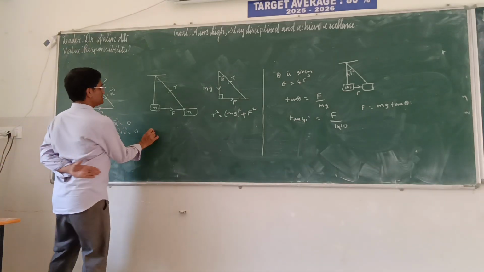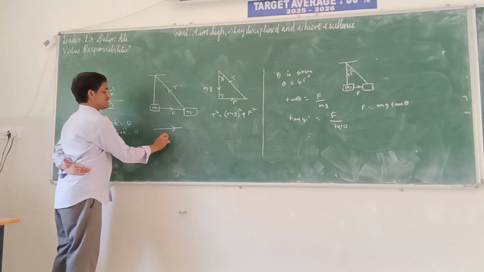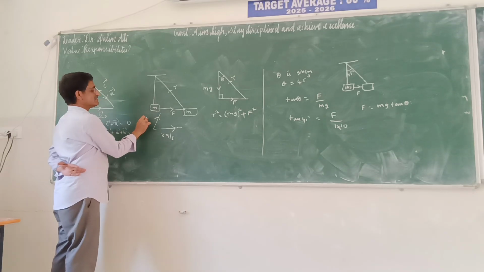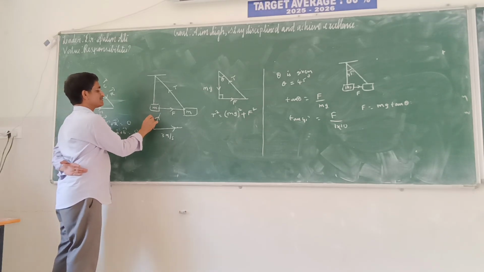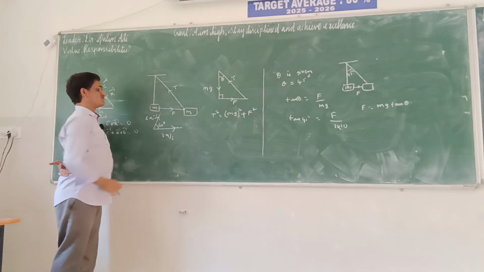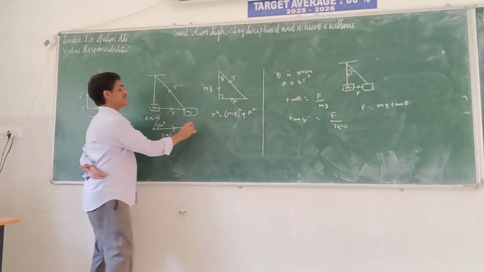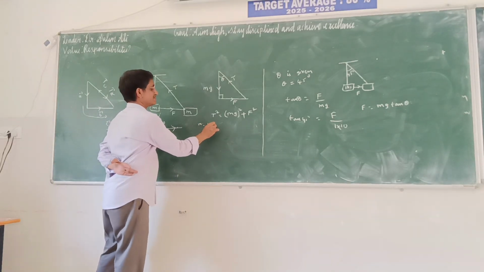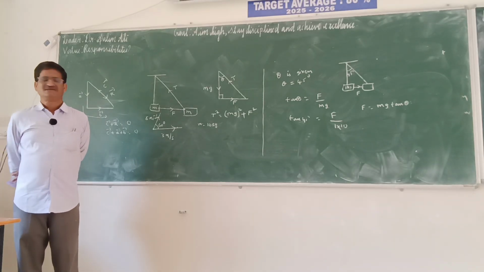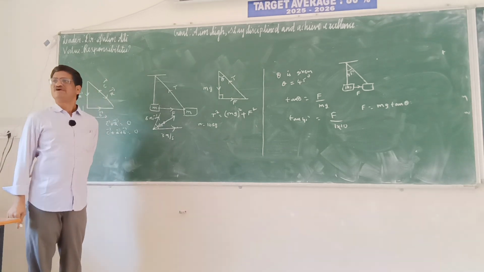Suppose the river is flowing with 3 meters per second. The boat is moving 5 meters per second at 60 degrees. Suppose the boat mass is 10 kg. What is the acceleration? Then you have to apply the formula.